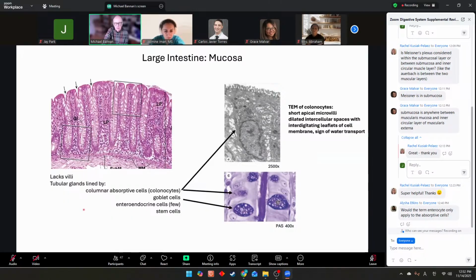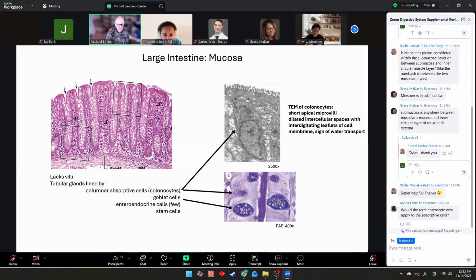So let's look at the mucosa and see how this is specialized to achieve its function of water and electrolyte absorption. So you see this, and this is an image from Junqueira that shows this view of the entire thickness of the mucosa. So remember, mucosa is epithelium, lamina propria, which has these immune cells and loose connective tissue and blood vessels and nerves and lymphatics.